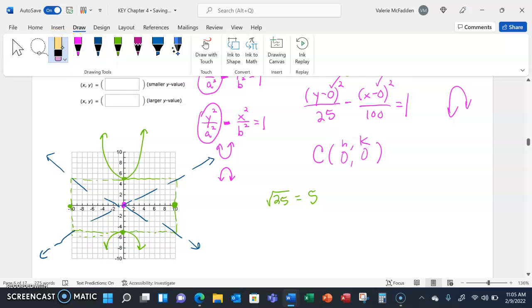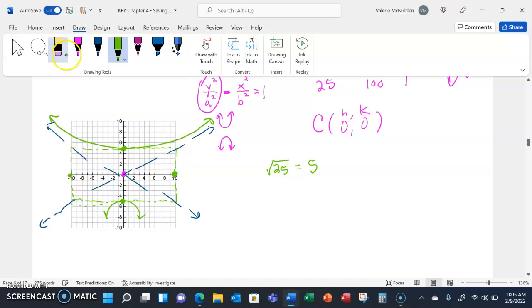Let me erase the hyperbola that I drew, and let me make it wider. It's going to follow alongside my asymptotes. That was just a little sketch, so we knew it opened up, down. And let me clean up these little extra dots I accidentally made. Okay, that's what it looks like.